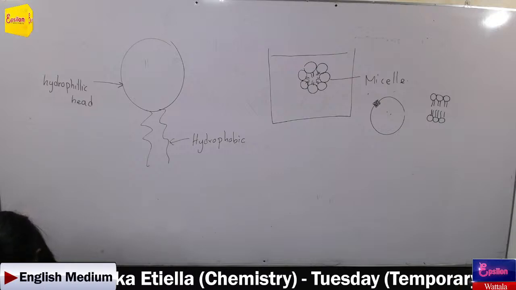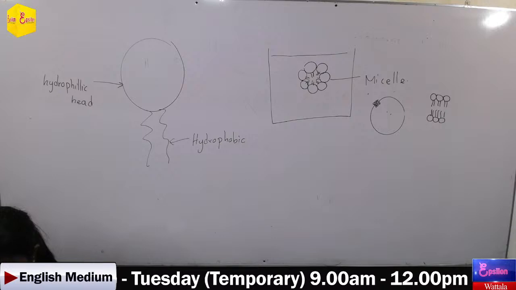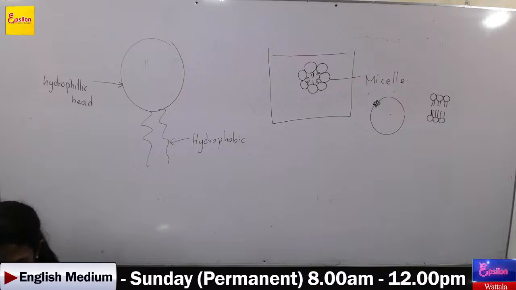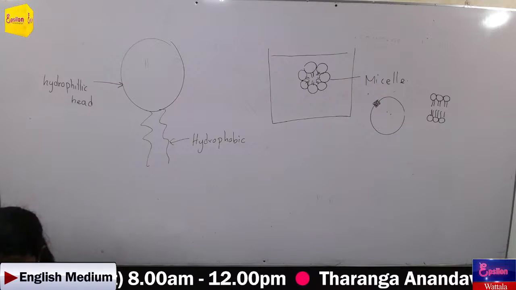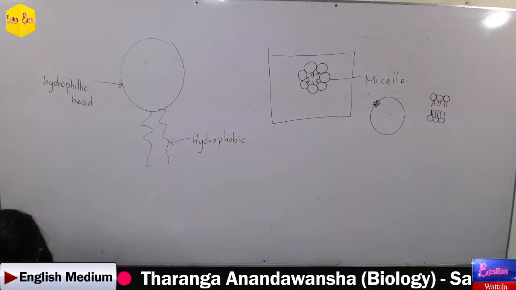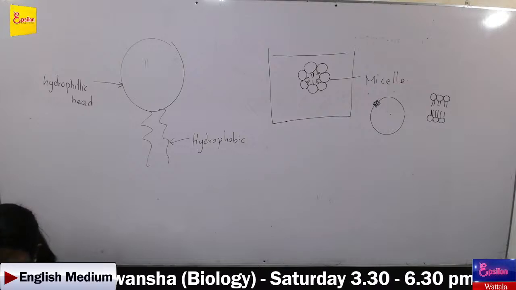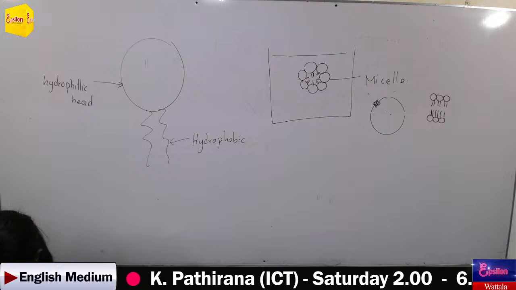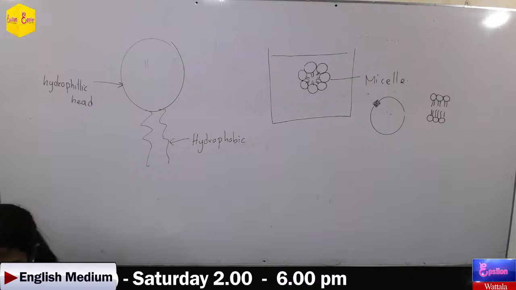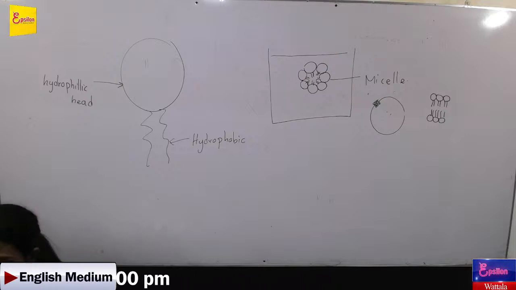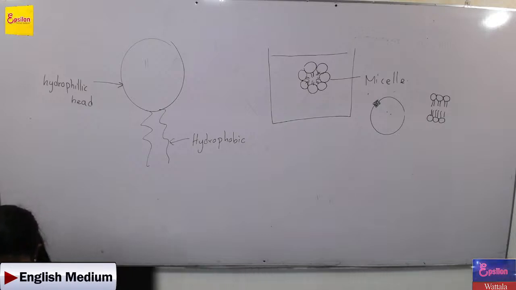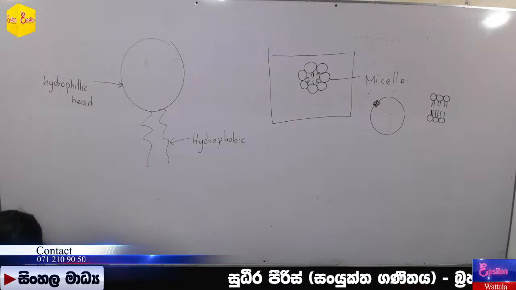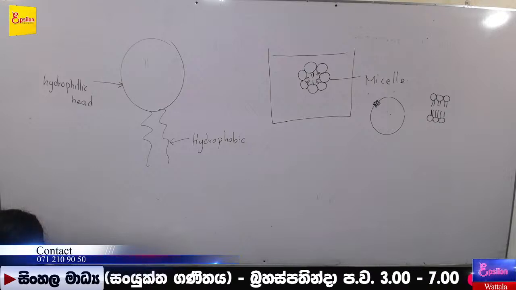Phospholipids are composed of two fatty acids and one phosphate group attached to one glycerol molecule.